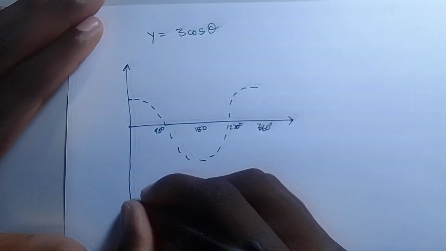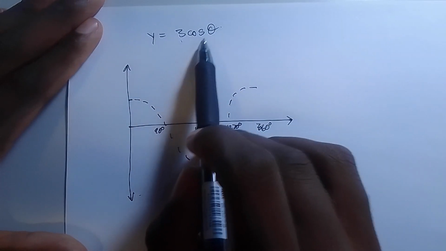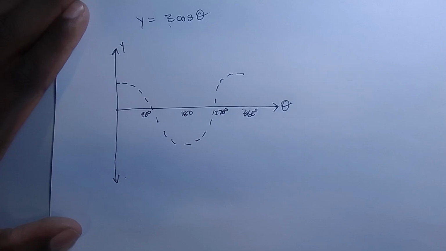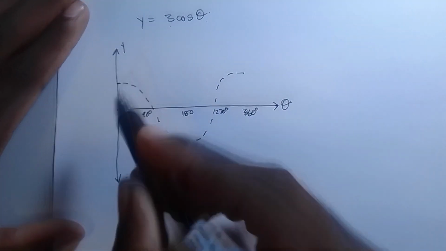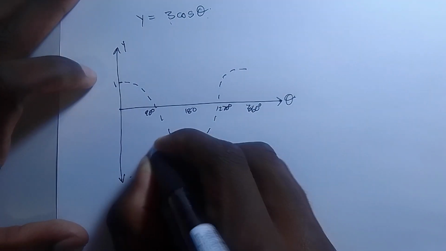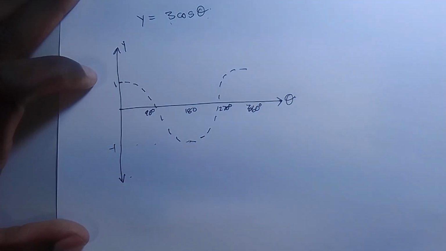Okay, now this is 3 cosine theta, so we have to make this theta, and then we have to make this y. For 3 cosine theta, it's still going to go up first, but it's going to go 3 units up. It was 1 for the normal cosine and -1 at the bottom.